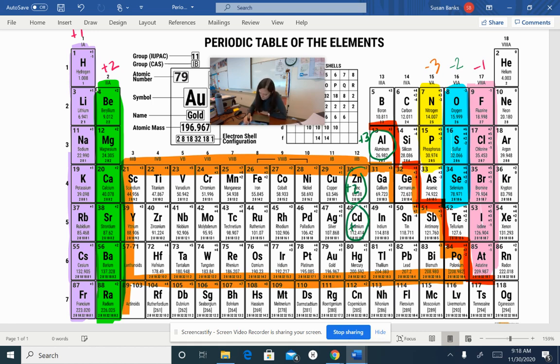Cadmium is always a +2. And silver is always a +1. Okay. So those 4 right there are the exceptions to the transition metal block. Everything else in the transition metal block that I have outlined in orange need to have Roman numerals.